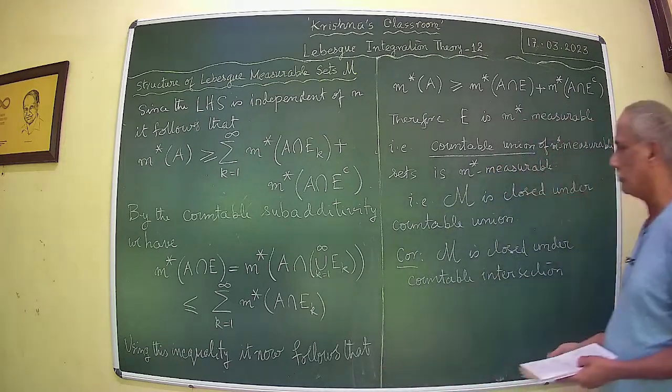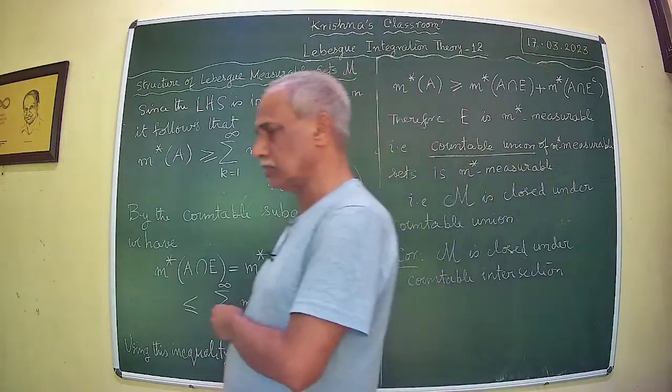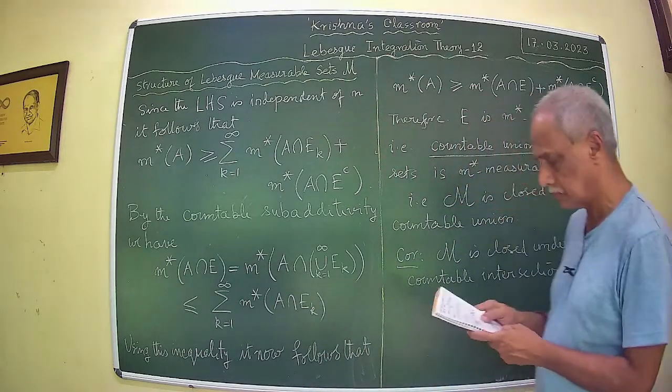That is because if E is measurable, E complement is measurable. Make use of that. Okay, right?